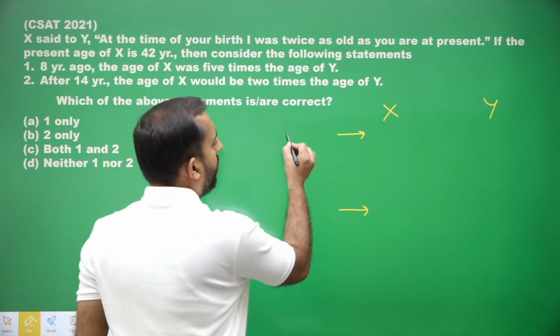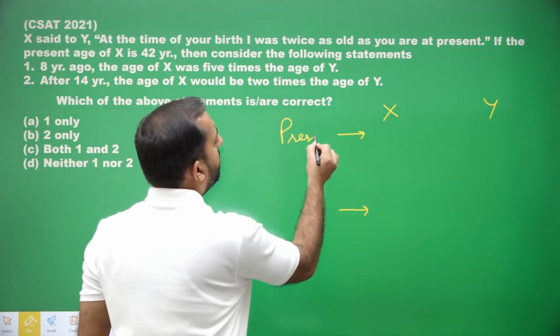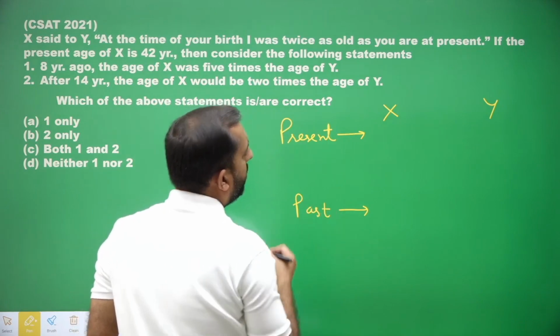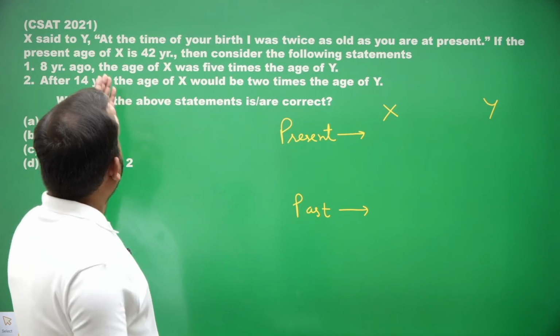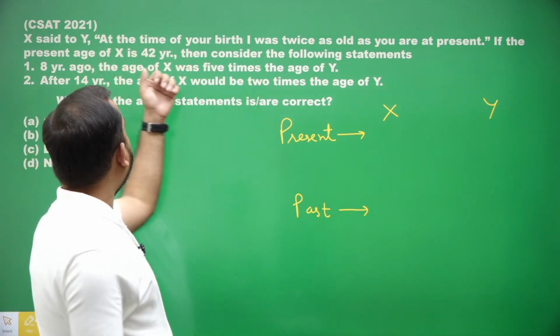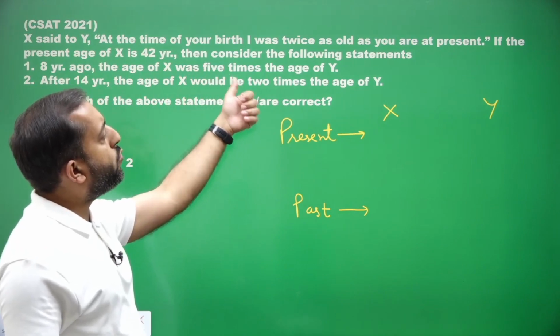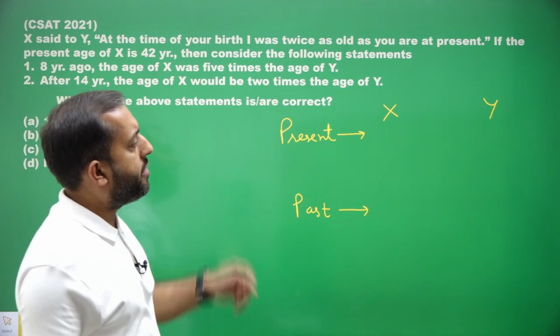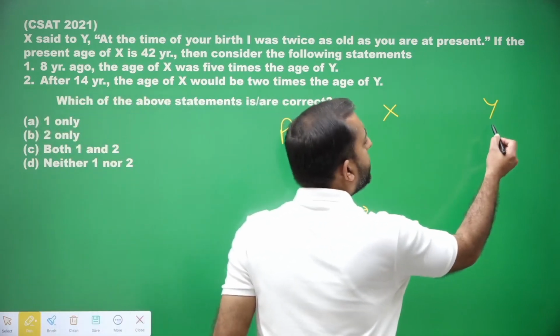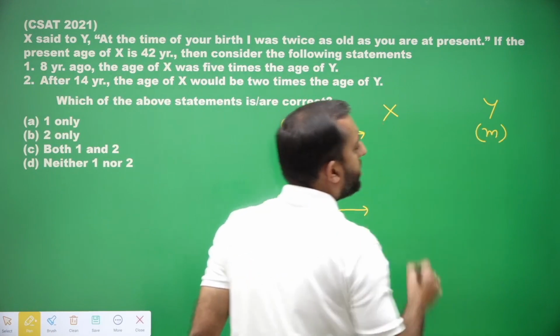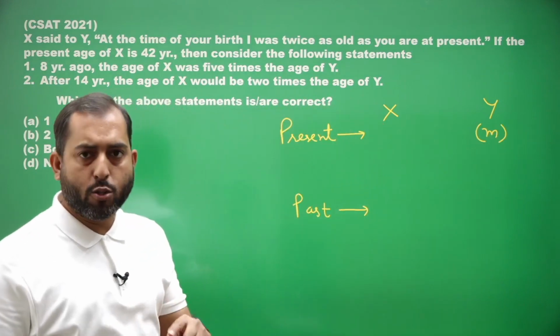So let me write down present here and past here. Okay. Now, let's read this first line one more time. At the time of your birth, I was twice as old as you are at present. Suppose at present Y is M years old.